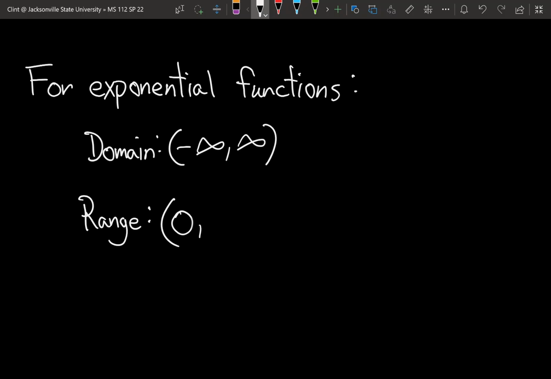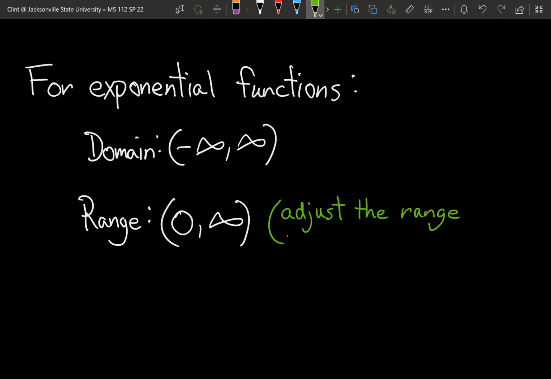So we can't actually get to 0, but anything bigger than 0 we can get to, and these things go up. But you have to adjust the range when the graph has been transformed.